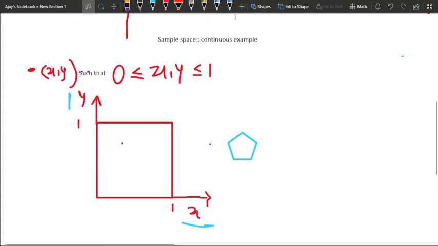It is showing a rectangle. So x and y pairs that lie between 0 and 1.